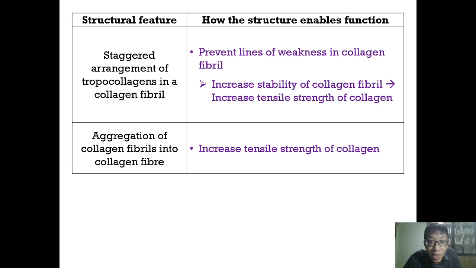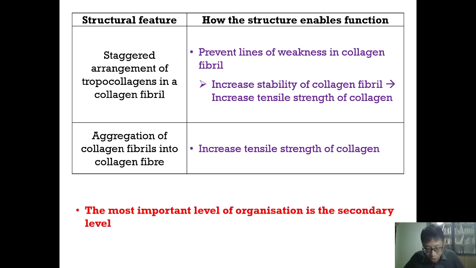We have mentioned this already. That increases the stability of the fibril and therefore tensile strength of collagen. And the aggregation of fibrils into collagen fiber increases tensile strength greatly, right? So it's an aggregation of so many polypeptides, such a large bundle, right? So therefore, this is very strong.